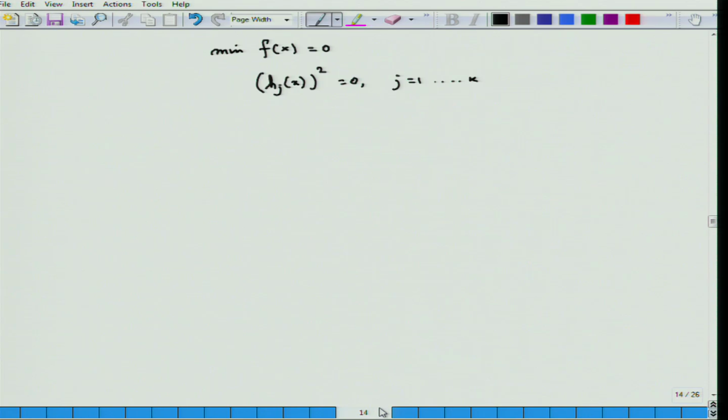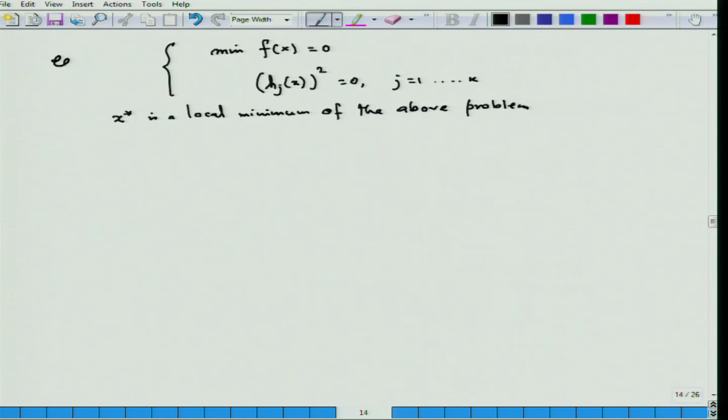Now, let me write down the Fritz John condition. So, x star is a local minimum of the above problem. This problem is equivalent to the previous problem.